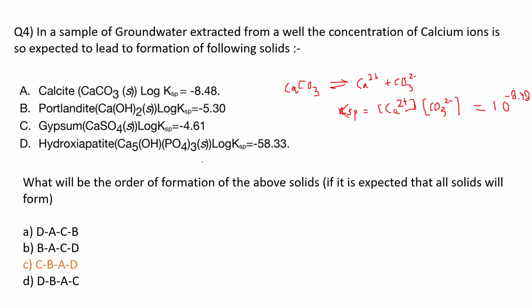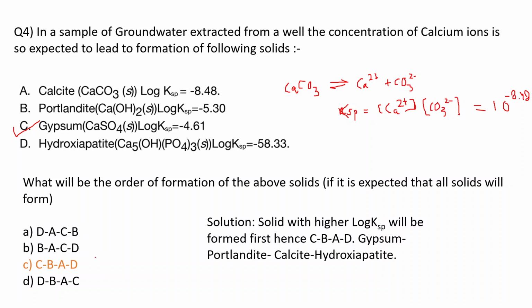So the answer is CBAD, meaning the compound having the lowest KSP will be formed first. The solution with higher log KSP will be formed first, hence CBAD. First gypsum will be formed, then portlandite, calcite, then hydroxyapatite.